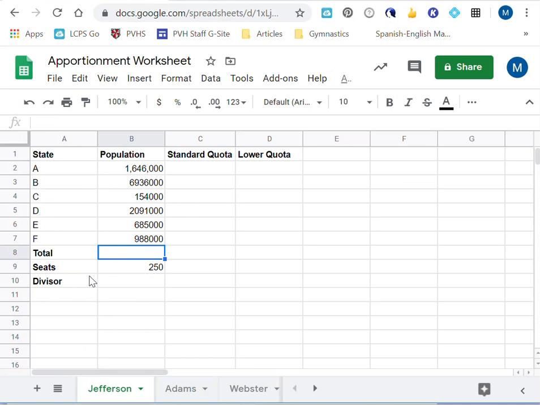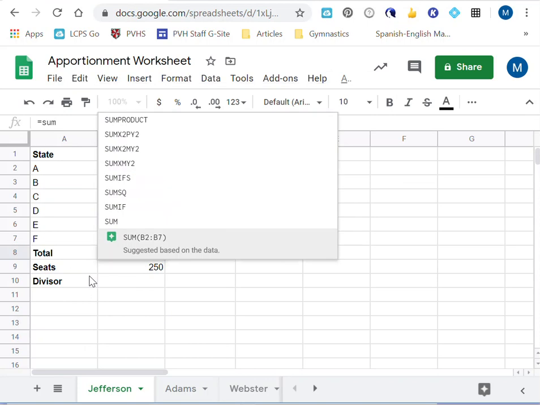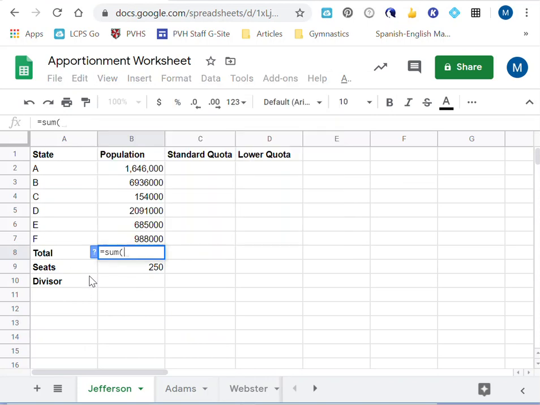To do that, if you type equals sum, parenthesis, and highlight the cells that you want to add up, then hit enter, it'll calculate the total population of this republic, which is 12,500,000. So I'm going to go ahead and write that down.